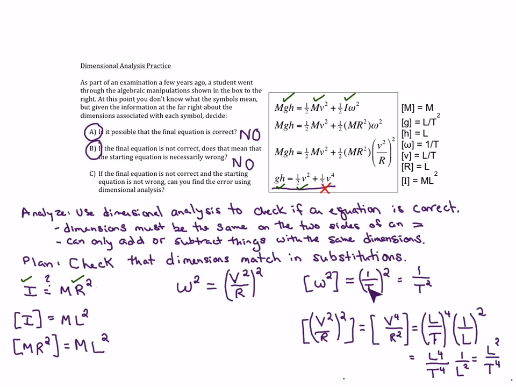And omega squared is 1 over time squared. Ooh. And over here, we've got something like length squared over time to the fourth. So these definitely don't match. Right, we've got an extra factor of L squared on the numerator, and we've got an extra factor of t squared on the numerator.